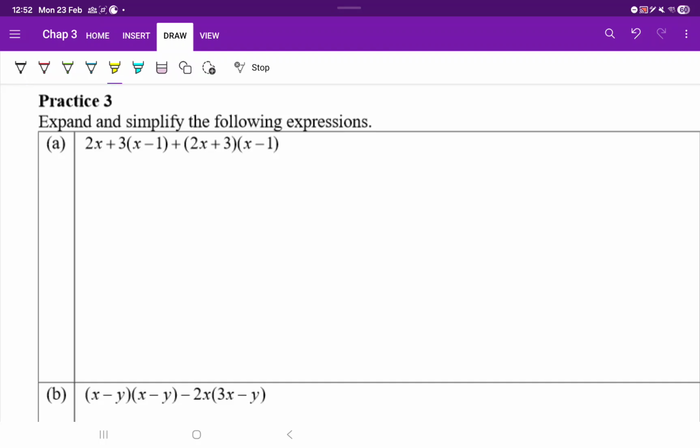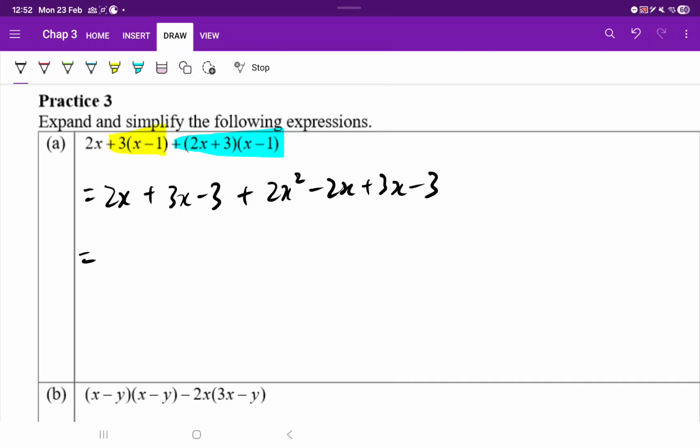Oh, there are two things to expand here. I'm not going to draw a rectangle, I'm just going to write down the answer. Okay, collect the like terms. We start with x squared.